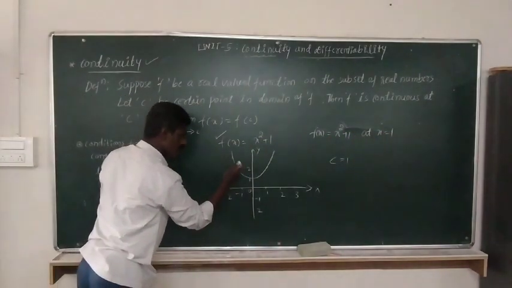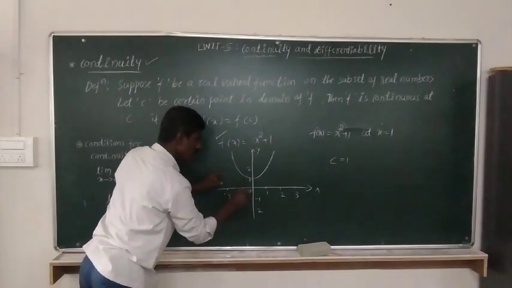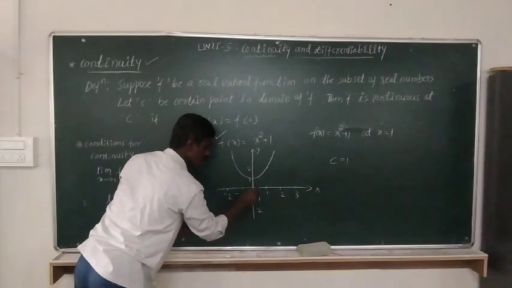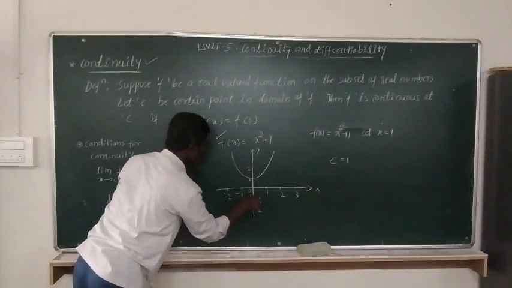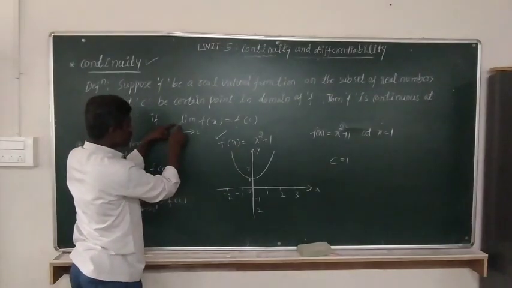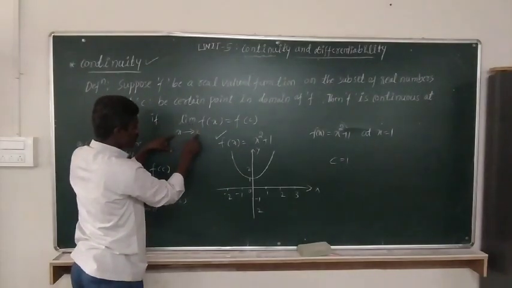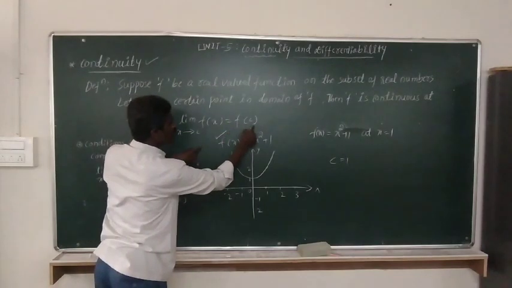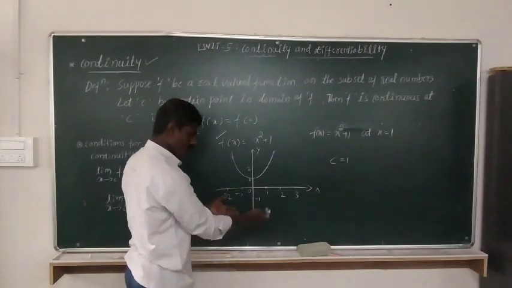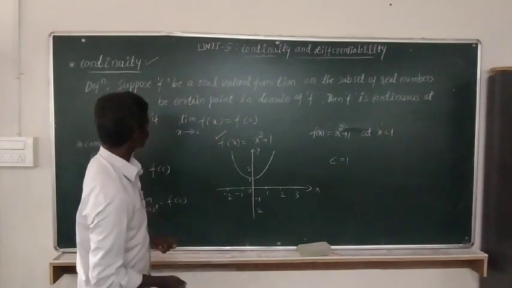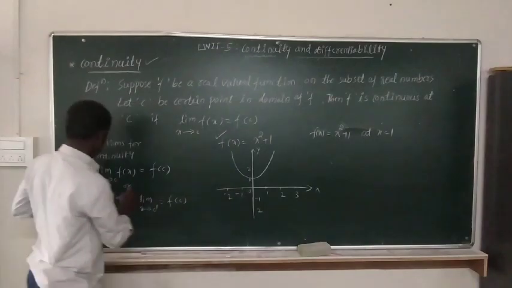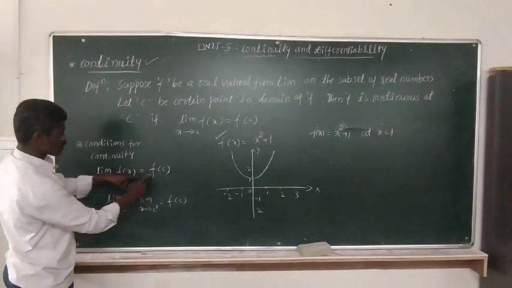When we say the function is continuous at c, it means that the function satisfies the condition: limit as x tends to c of f of x equals f of c. Then we say the function is continuous. So to check, we use this formula: limit as x tends to c, f of x equals f of c.